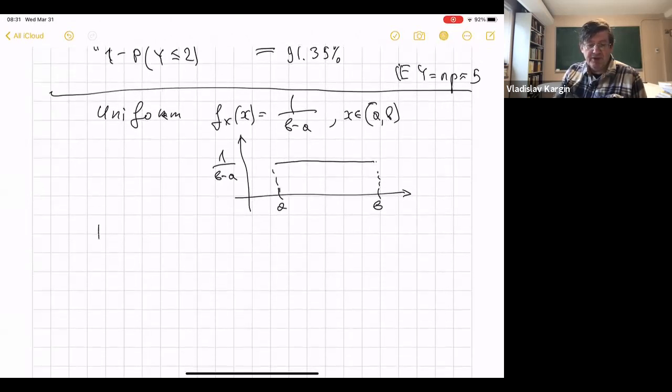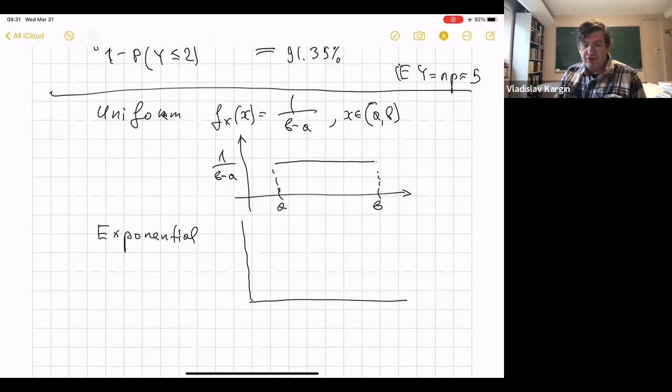Another was the exponential, and another was the normal, but let us start with the exponential distribution. The picture was like that.